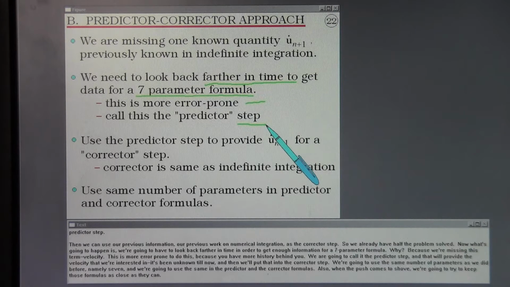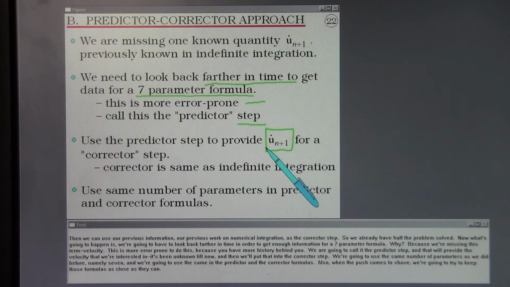And then that will provide the velocity that we're interested in that's been unknown till now, and then we put that into the corrector step. We're going to use the same number of parameters as we did before, namely the 7, and we're going to use the same in the predictor and the corrector formulas. Also, when the push comes to shove, we're going to try to keep those formulas as close as they can.